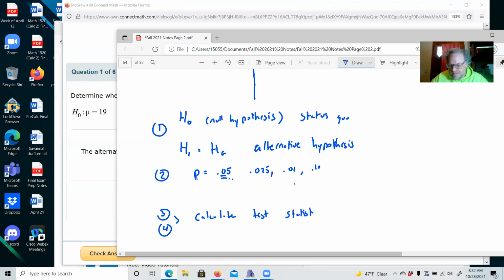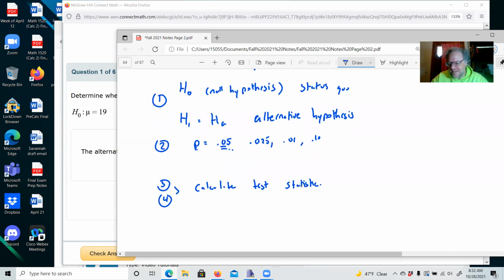This used to be a step where you'd have to get the calculator out and do all this calculation. The calculator is actually going to handle most of this for us. Based on the test statistic, that's going to tell you the probability, like, was it bigger than 0.05 or less than 0.05? We're going to make our decision.